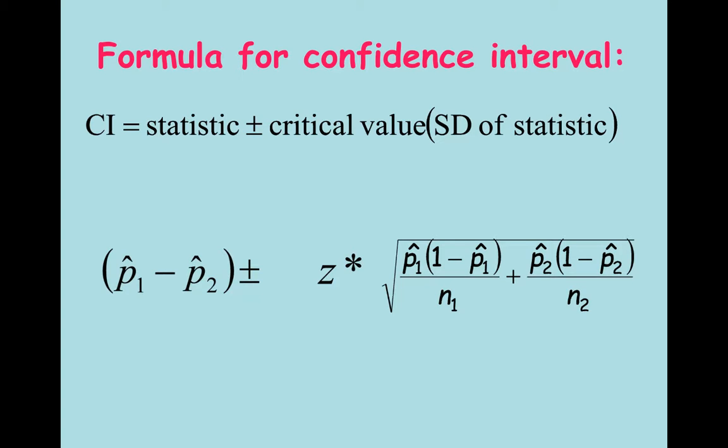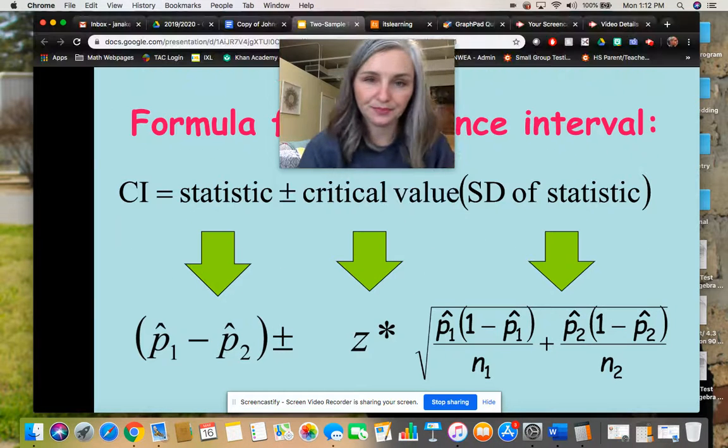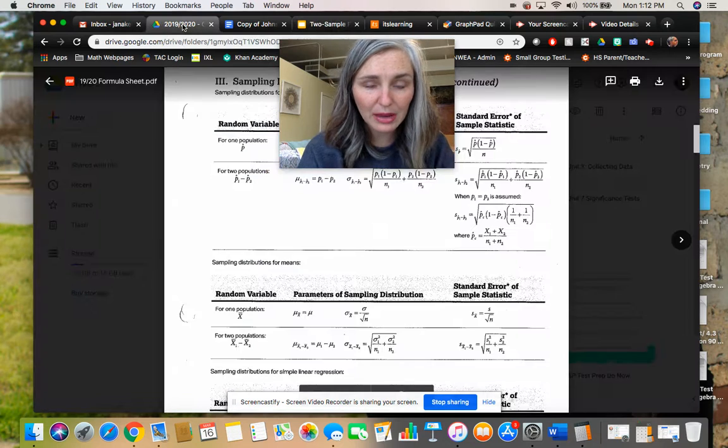When we want to do a confidence interval for our proportions, when we have two proportions, this is what our formula looks like. We have the difference of proportions plus or minus our z star, and then look at that standard error. You can find it on the formula sheet, which I have pulled up.